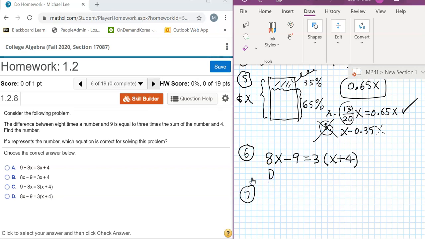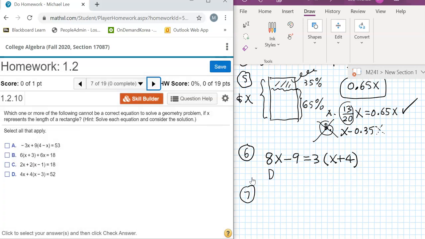Number 7. Which one or more of the following cannot be a correct equation to solve a geometry problem? If x represents the length of a rectangle, what is that? They don't have enough information.